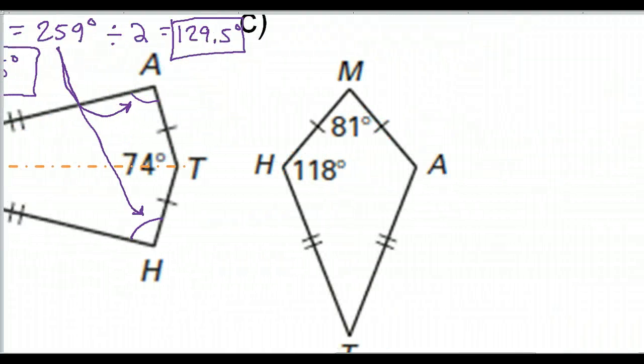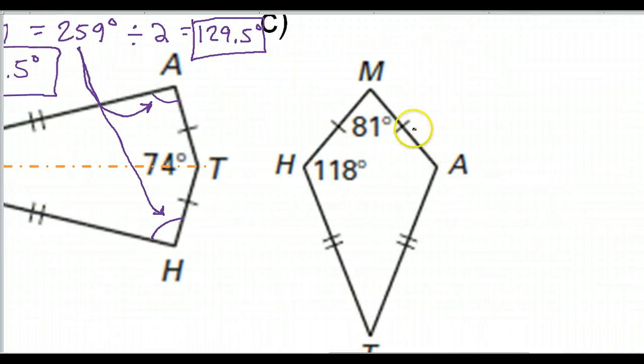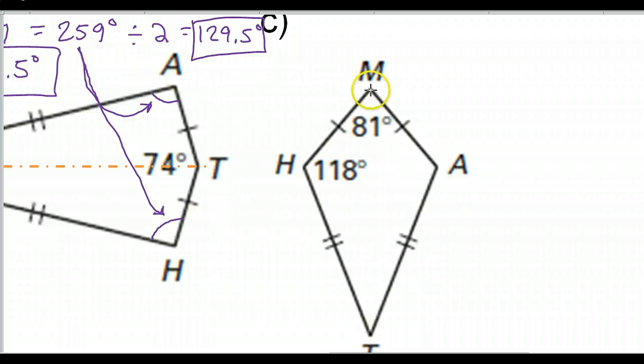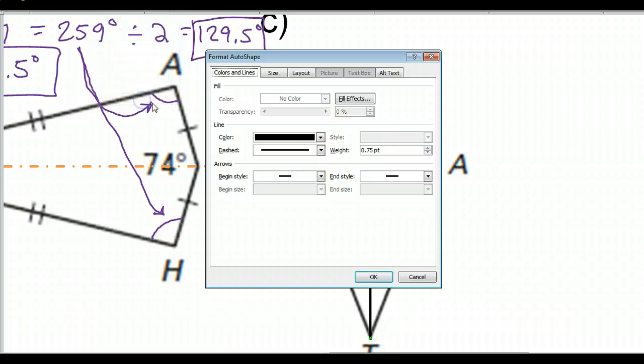Okay, and finally C. Again, a kite has one line of symmetry. A rhombus has two, but a kite has only one line of symmetry, and this would be it. So there's the line of symmetry for my kite.